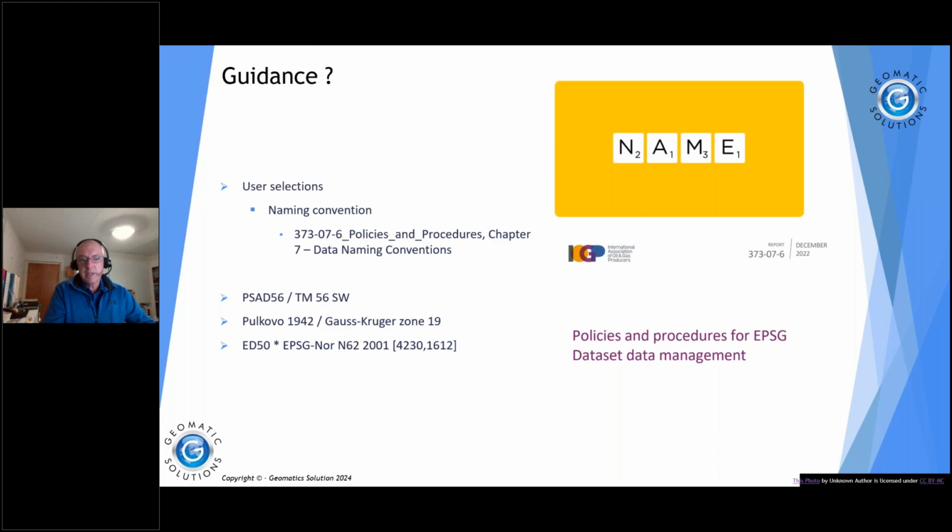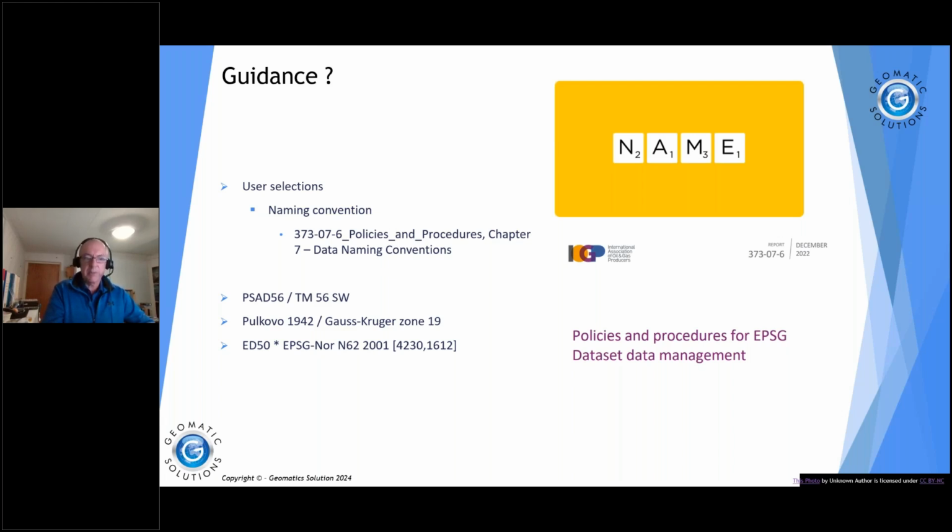This is a good document that, in essence, gives you all the guidance you need in order to name a CRS that you create. And when you name the CRS in the way that the document describes, then you can also identify the CRS later as to what it actually is and what should be behind the parameters.